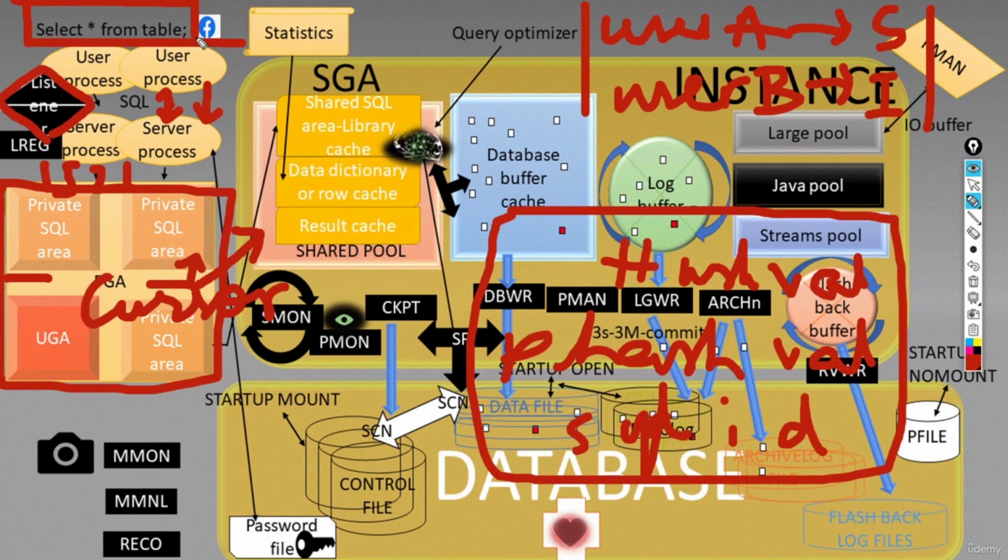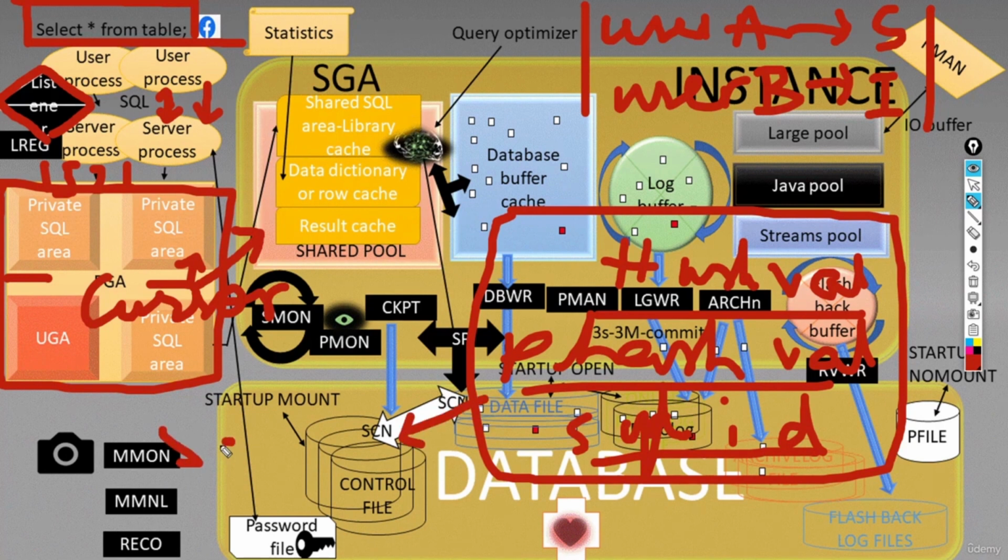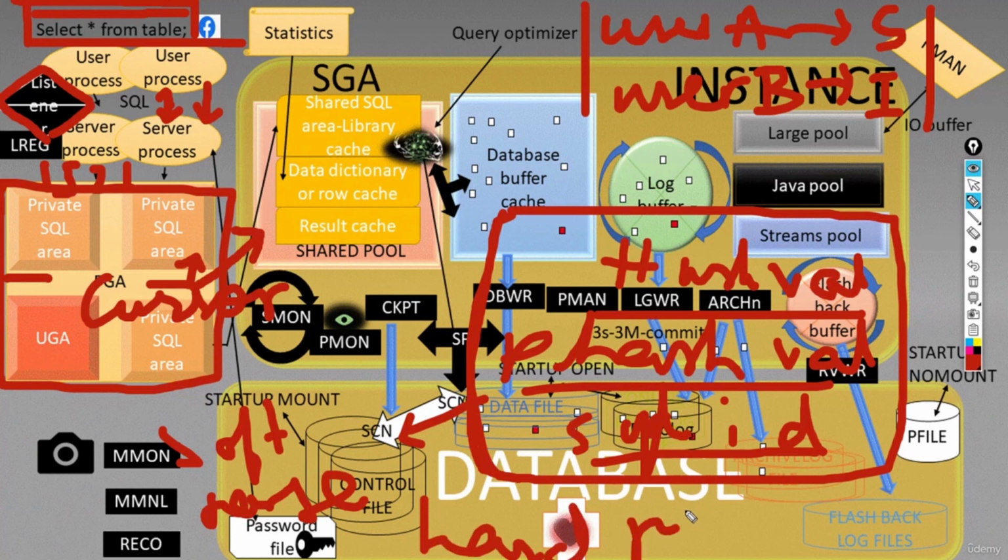Once this SQL statement is executed, it should have this information, and if this information already exists inside the shared pool, then that is called a soft parse. If this information does not match the information related to this select statement, then it is called a hard parse.